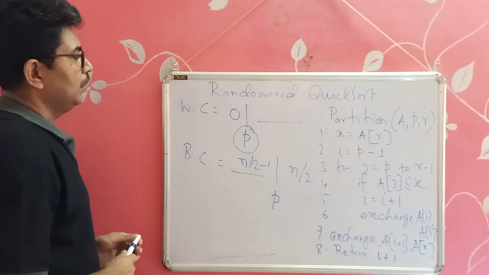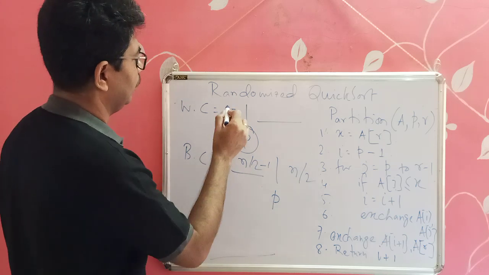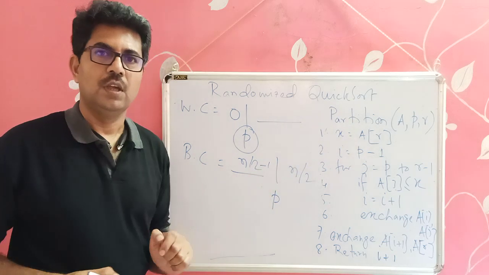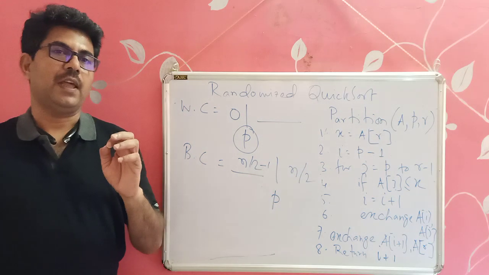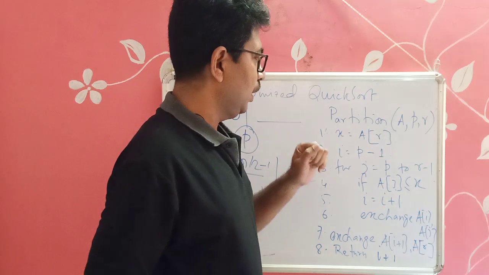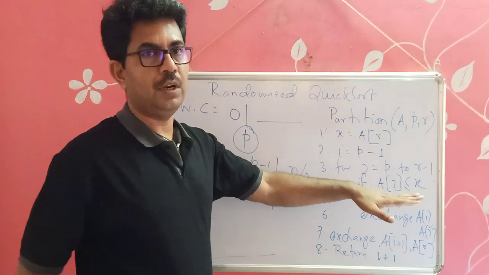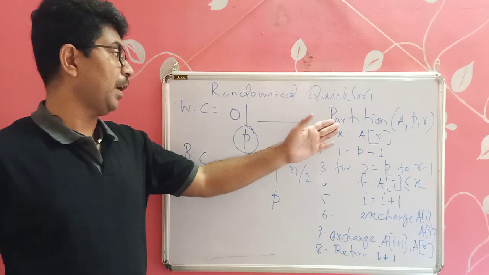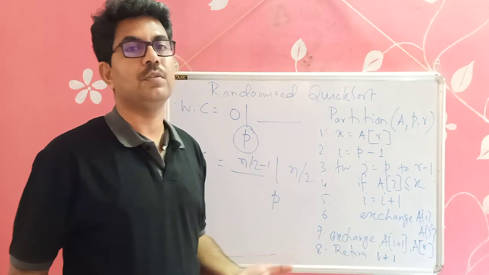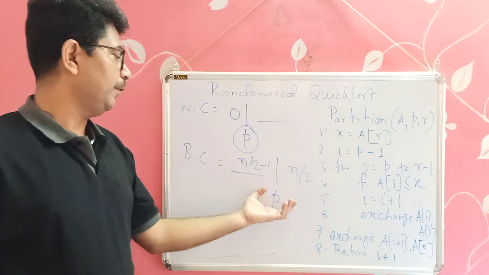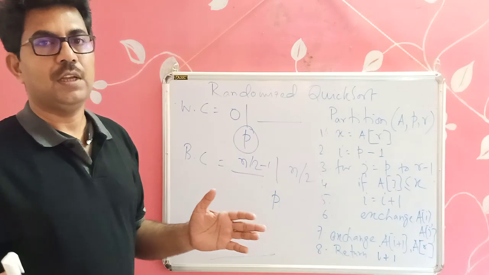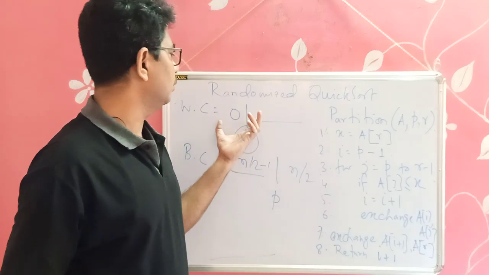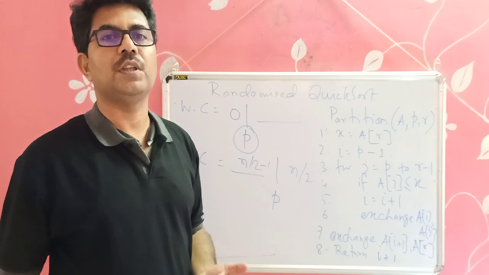Now consider the average case. We can find that p can be here, here, here and so on. So the quicksort algorithm is fully dependent on the position of the pivot element, and if the position of the pivot element is known to us, we will not be able to call it the average case, because if it always divides the input into two equal halves, it will automatically be the best case, and if it is 1 to n minus 1, it will automatically be the worst case.